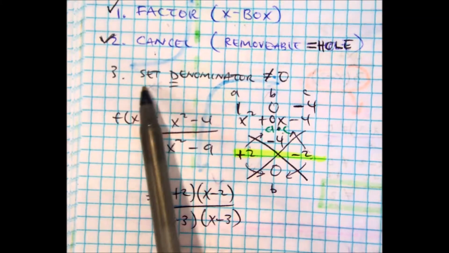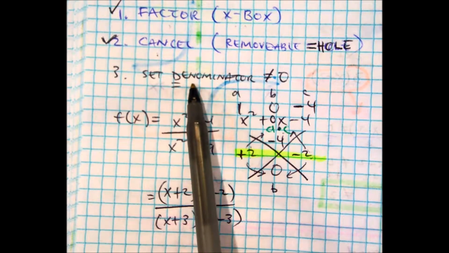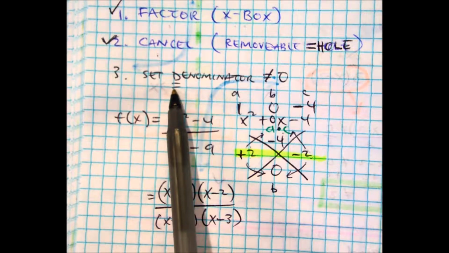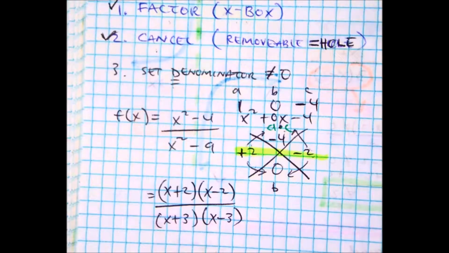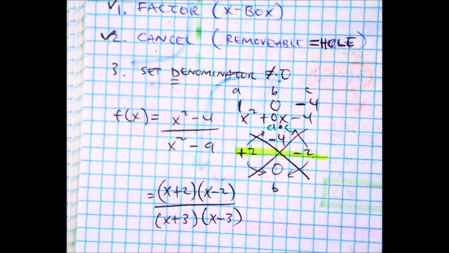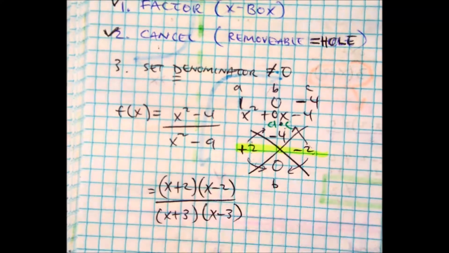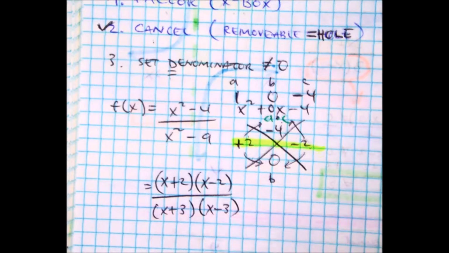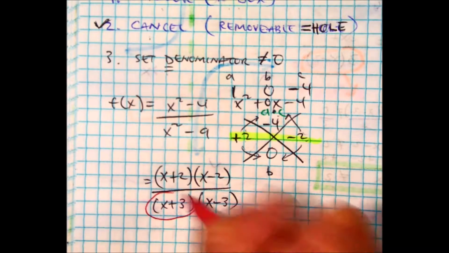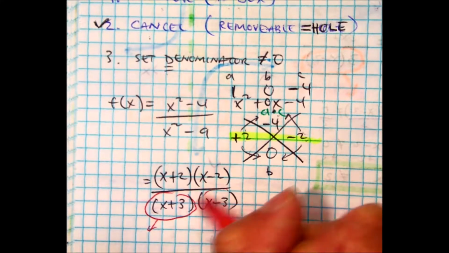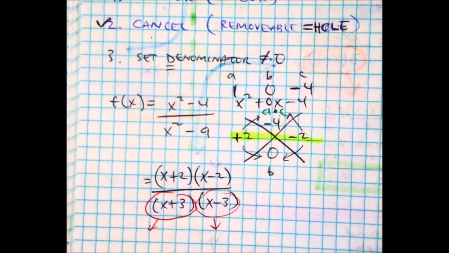And then the third step, I'm going to set only the denominator. Now I underline that D because the denominator is where? It's on the bottom, or the down part of the fraction, right? So let's go ahead and do that. I'm going to set that not equal to 0, and I'll explain that not equal to 0 in a second.